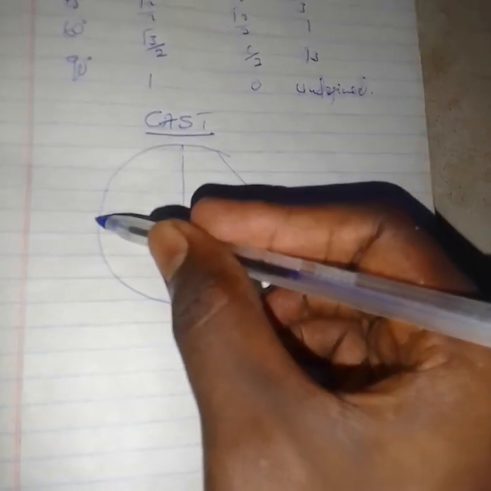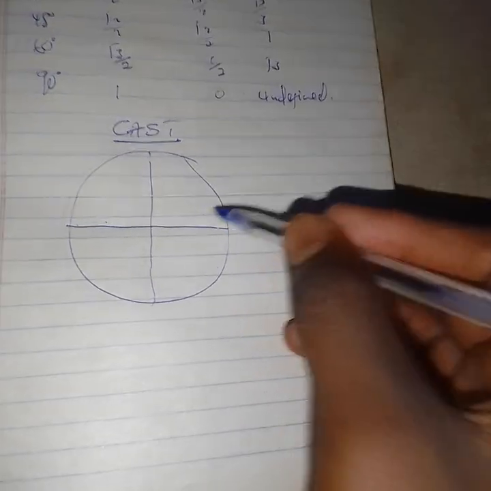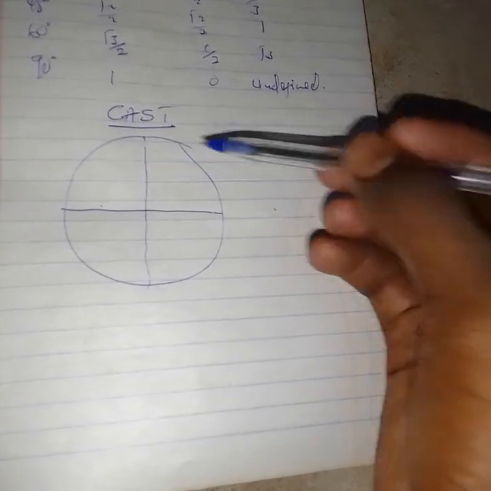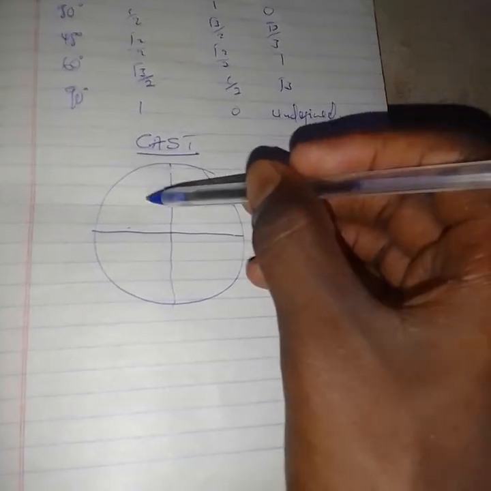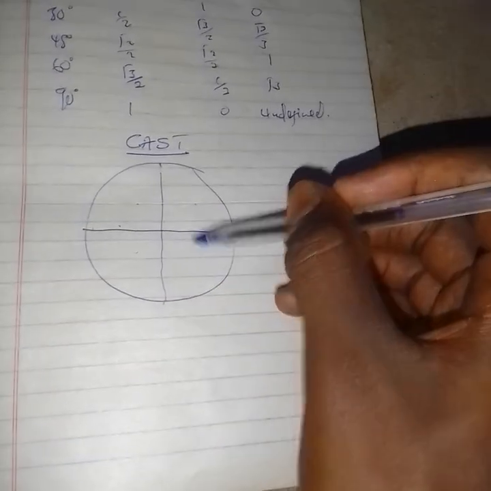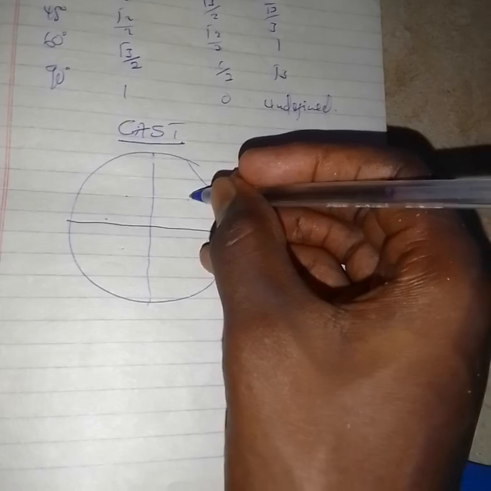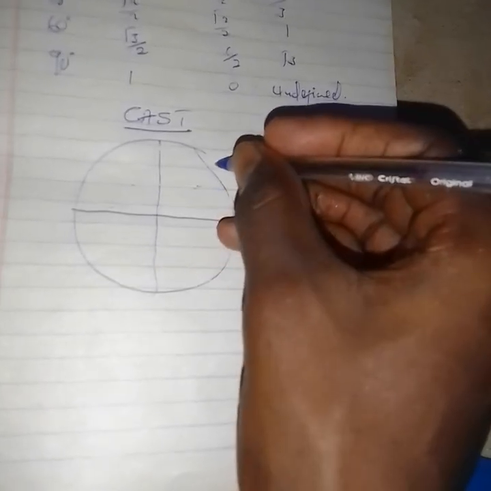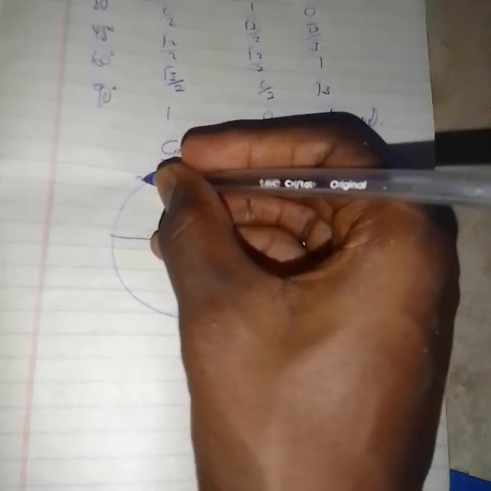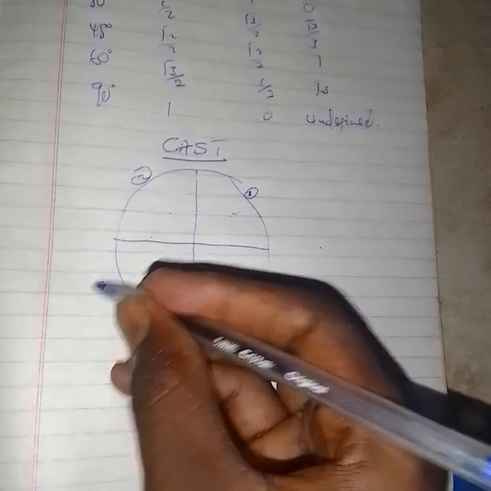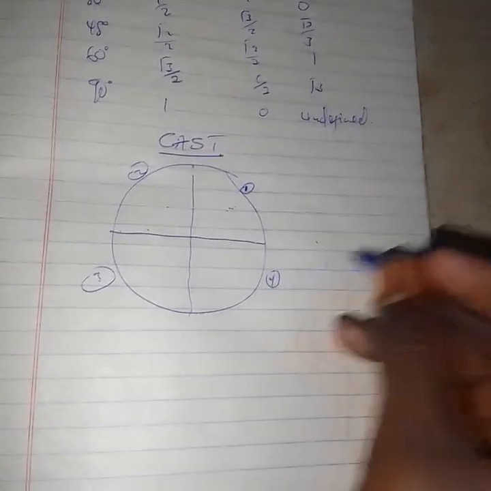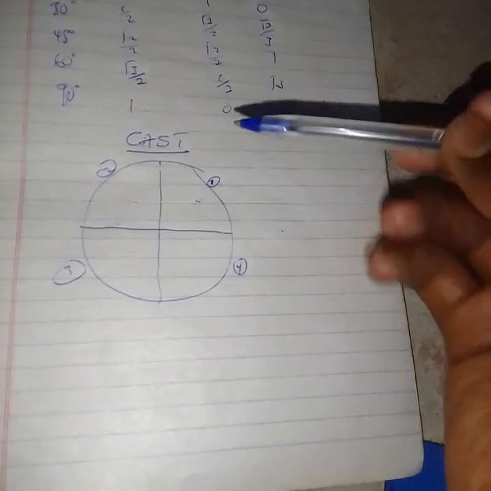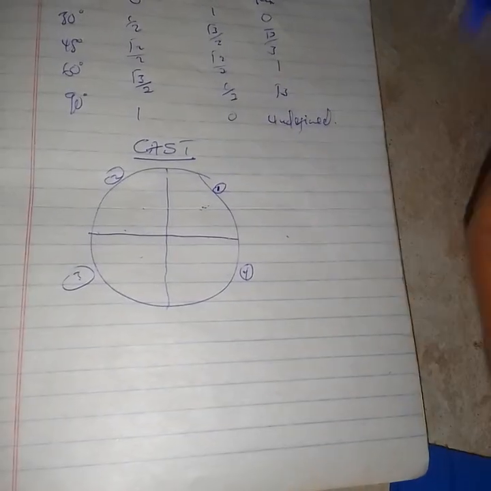When it is divided into 4, that's in quarters. So we have first quarter here, second quarter, third quarter, and then fourth quarter. But in this topic, it is not called quarter, it is called quadrant.